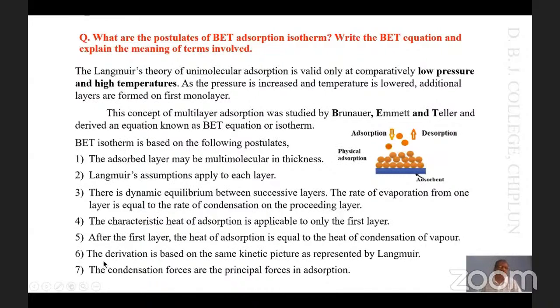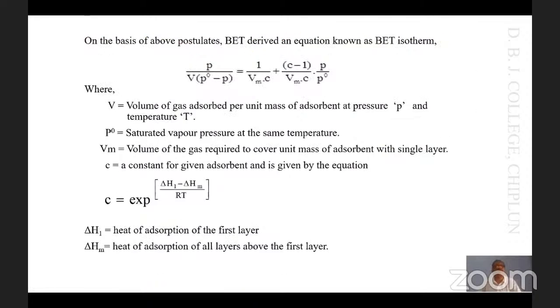The next postulate is that the derivation is based on the same kinetic picture as represented by Langmuir. The condensation forces are the principal forces in adsorption. These are the postulates of BET isotherm.